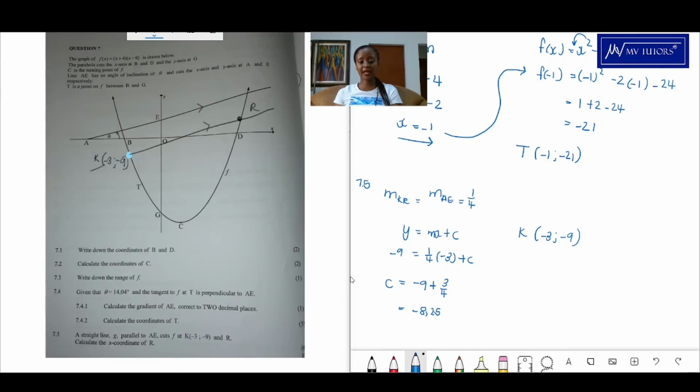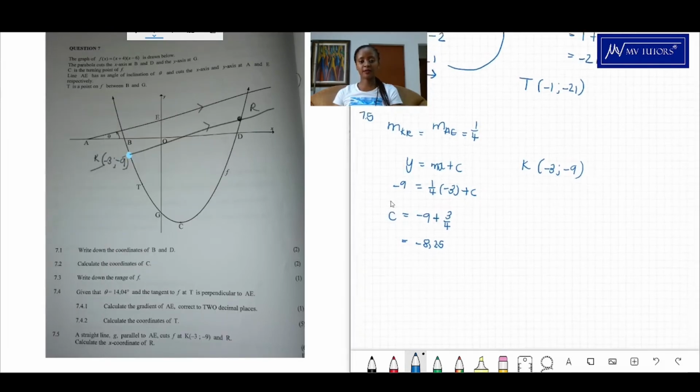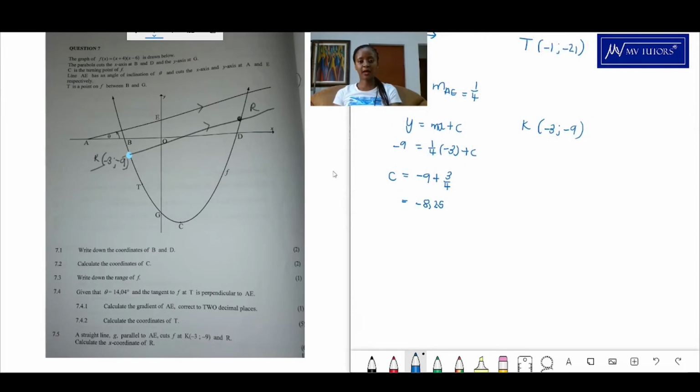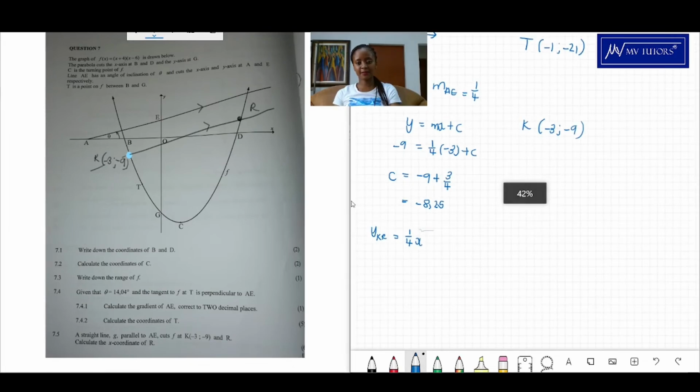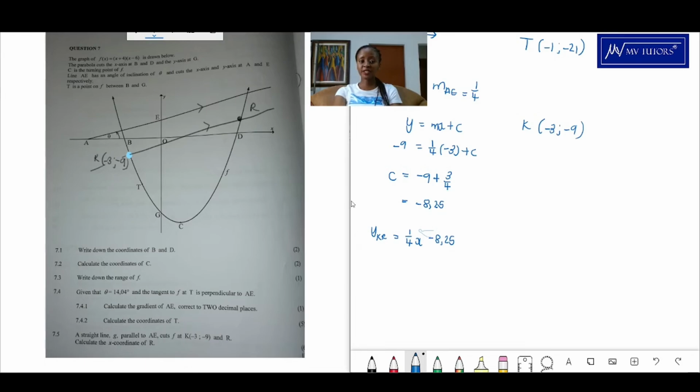So now we can actually get the equation. Okay, so y for KR, the equation, is equal to a quarter x minus 8.25. Okay, so we have our equation for KR.